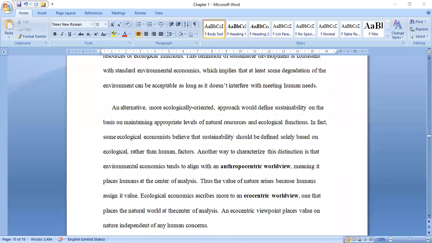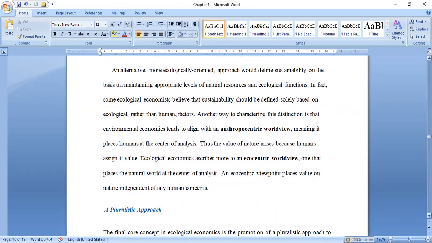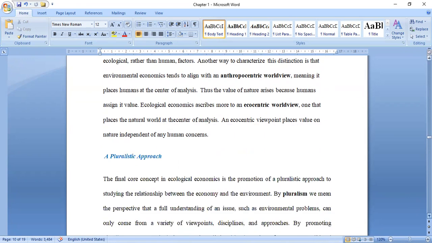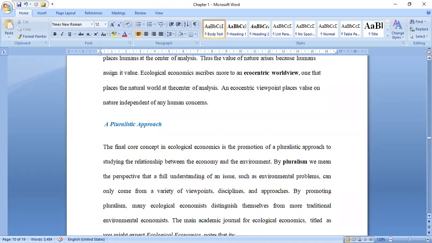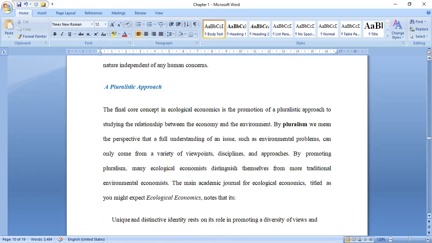All right. And then we've seen that ecological economists are ecocentric. They put nature at the center of analysis.